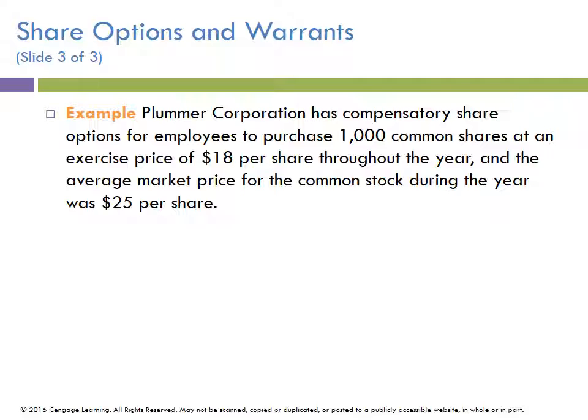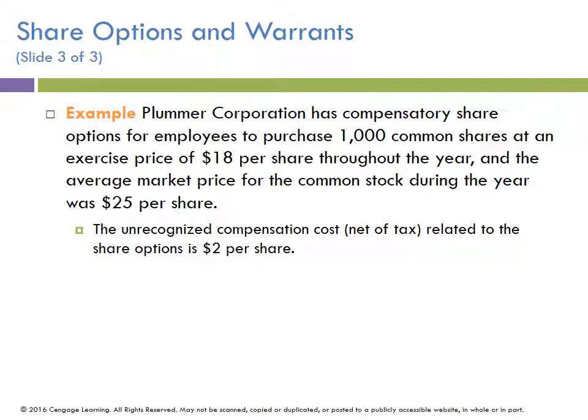But these are current stock options that are on our balance sheet. When we have those, you need to determine their impact on earnings per share if they were actually exercised. First step, the unrecognized compensation cost, net of tax, related to the share option, we need to know this, is $2 per share.